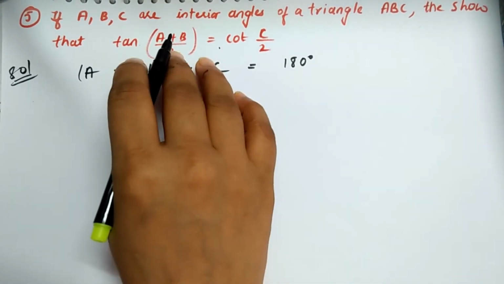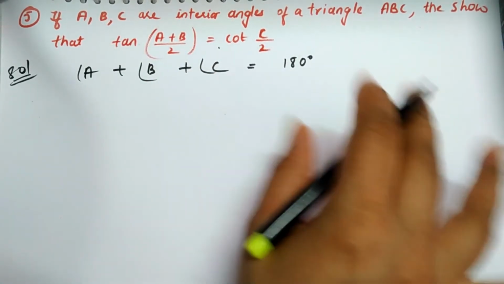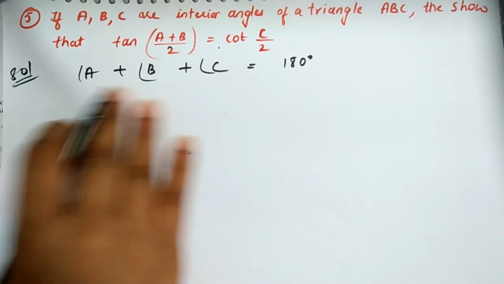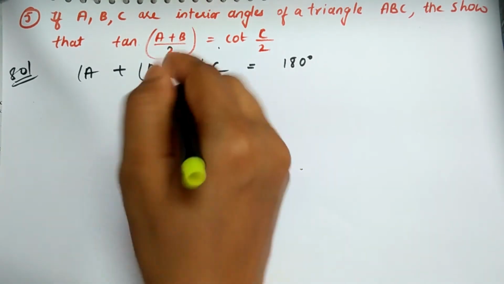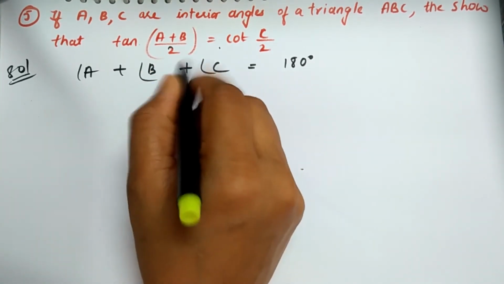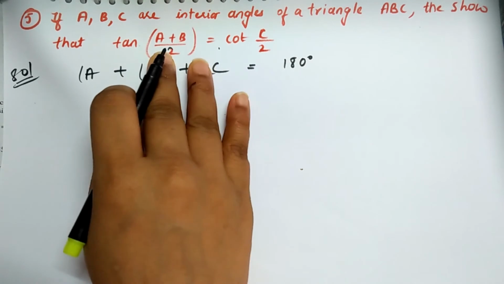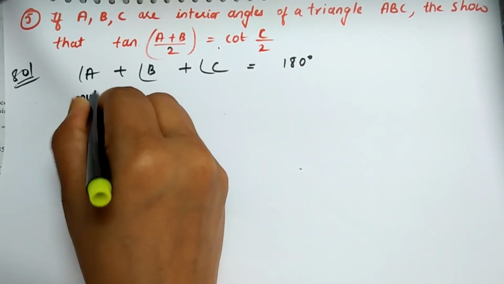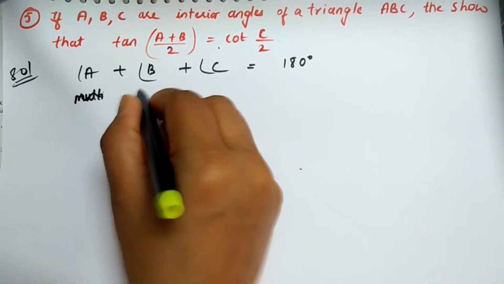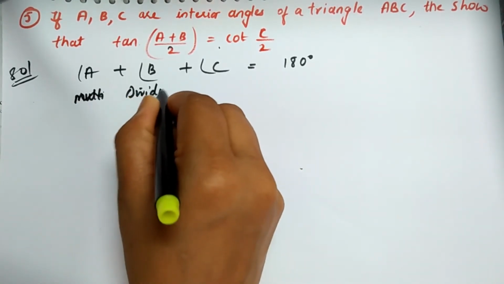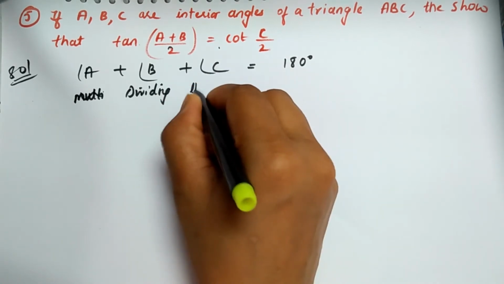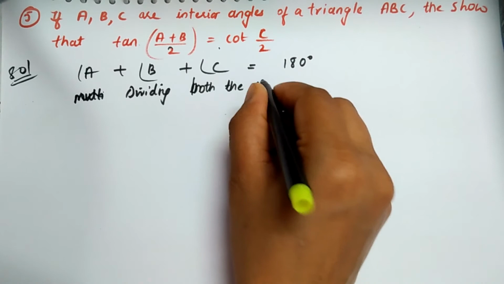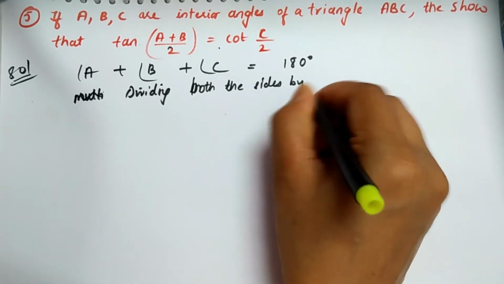Next, since it's not dealing with 90 degrees or something, we will not take angle B directly as 90 degrees. It's given A plus B divided by 2 and C by 2. So we multiply and divide both sides by 2.